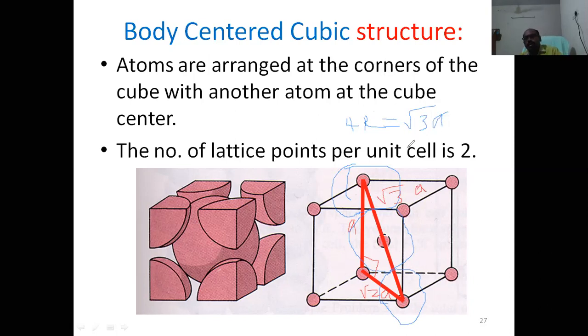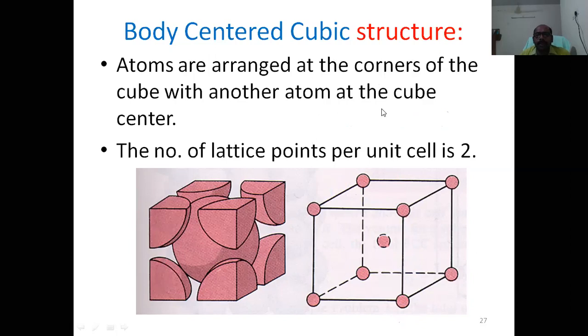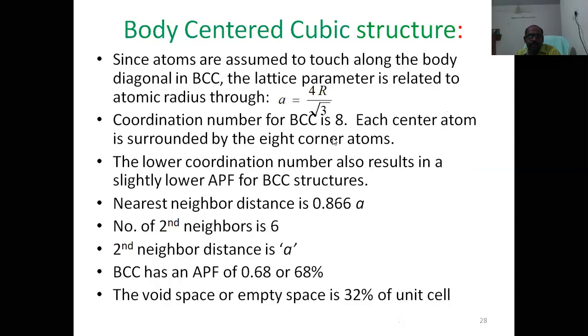So it is the relation between atomic radius and lattice constant. From that we can simplify: root 3a is equal to 4r. Now a is equal to 4r by root 3.